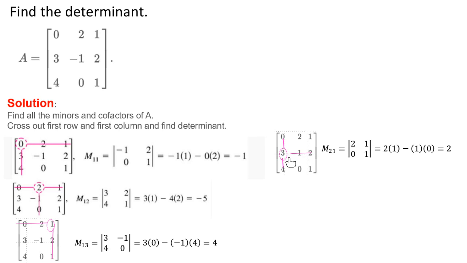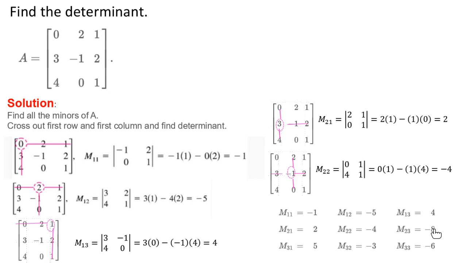I cross out the row and column that it's in. And notice that the 3 is located in the second row, first column. So that's why I wrote this as 2, 1. And then I'm left with 2, 1, 0, 1. And you keep doing that with the rest of your numbers. So here I did this one as well.